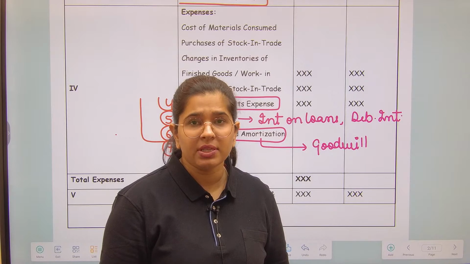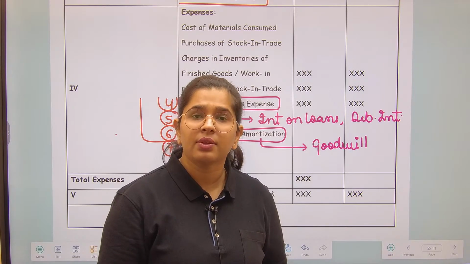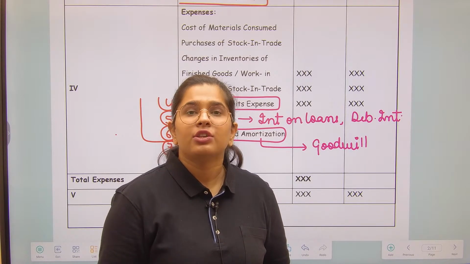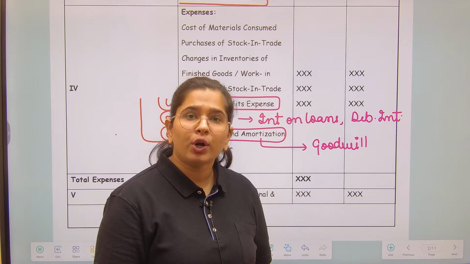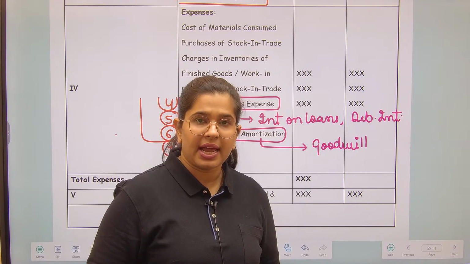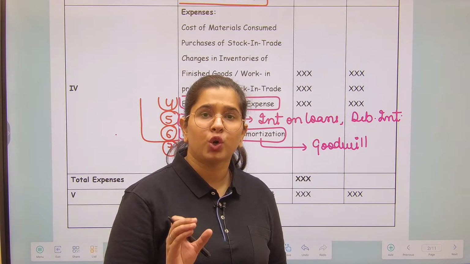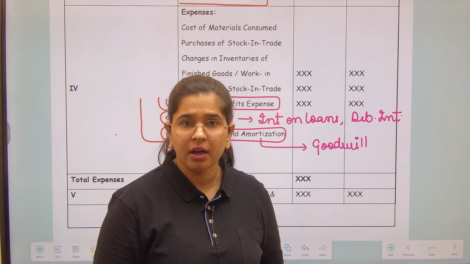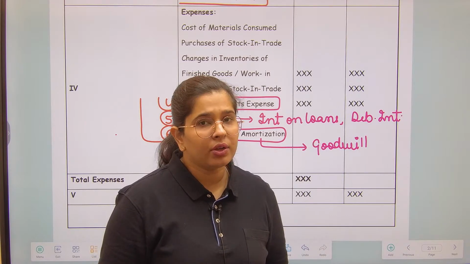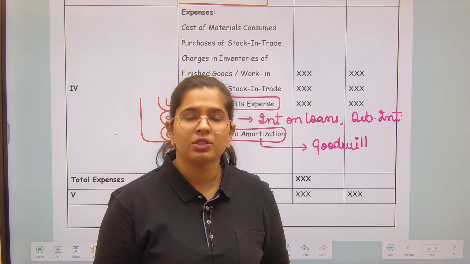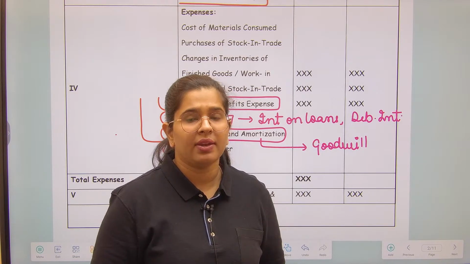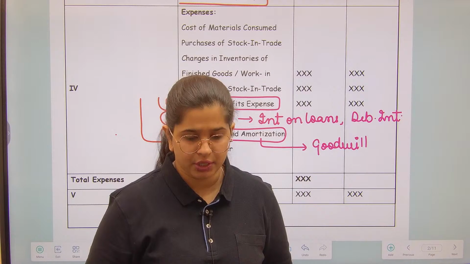Because Instagram is famous, because Instagram has got a trust, Instagram has got a goodwill. So if you have purchased the goodwill and you are going to amortize it over the years, that means you are not going to take the total expense in 1 year. You are going to charge that particular expense for let's say 10 years or 15 years or whatever the amount of time in which you are going to utilize that particular goodwill.